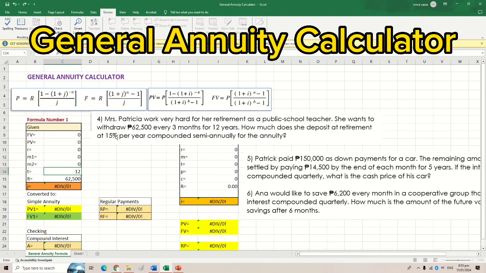And then the percentage is 15%, that is 0.15, compounded semi-annually. So that's twice a year.